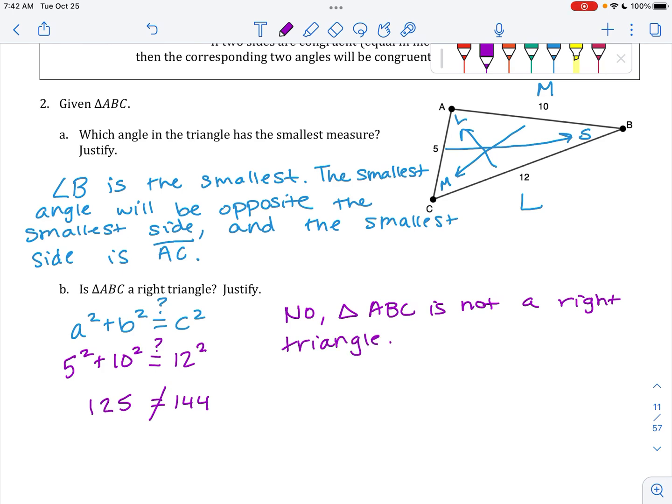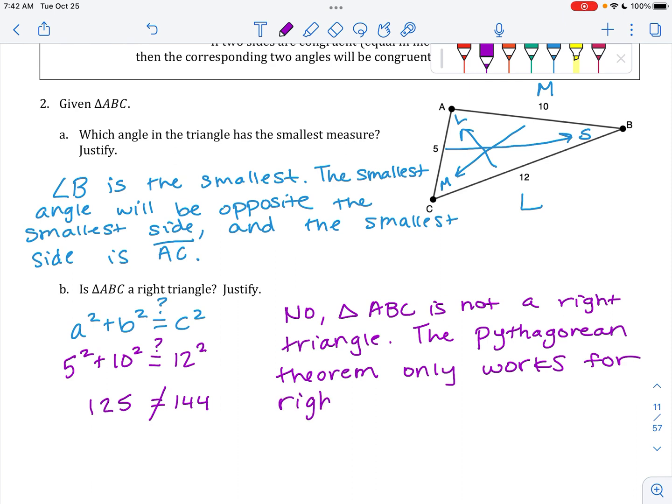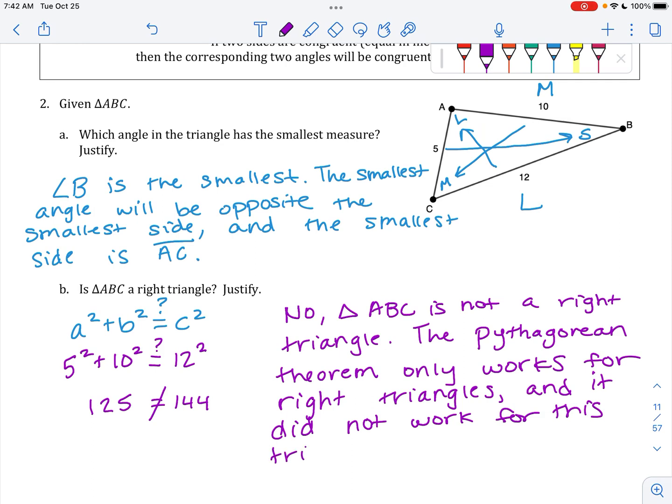And my justification explains that the Pythagorean theorem only works for right triangles and it did not work for this triangle. So there's my quality justification here.